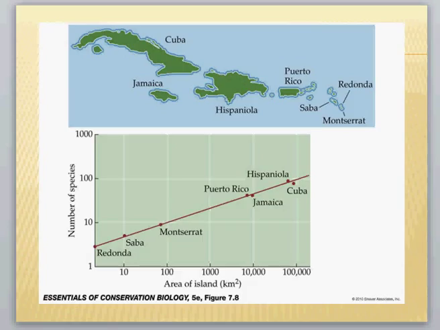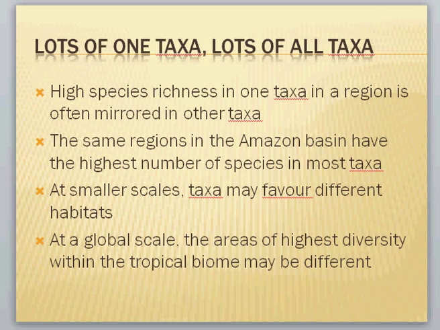Moving on now. Lots of one taxa, lots of all taxa. This relationship is basically pointing out that a biodiverse area for one particular taxa, say for instance for the trees, quite often has a high number of species or high species richness for many different taxa.